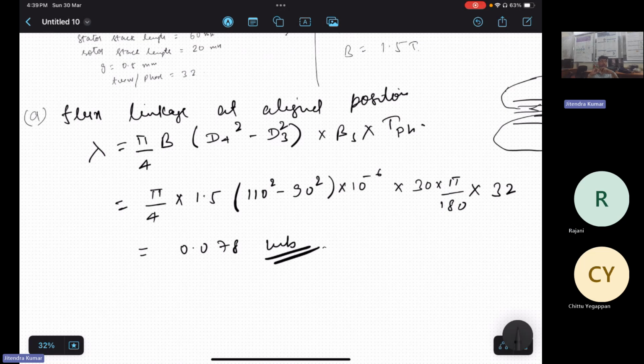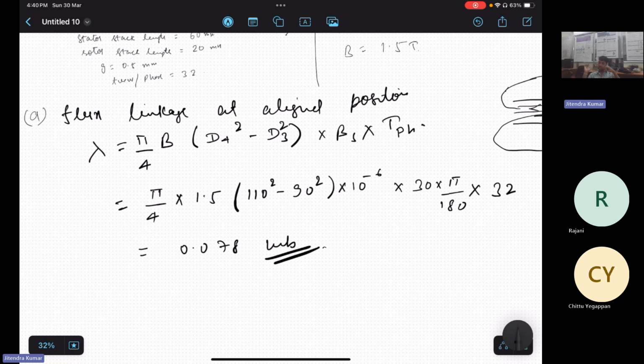The other thing is that an axial flux machine does not straight away take less volume. Whenever your L by D ratio is small, meaning you want a machine with a small axial length and you do not have a constraint on the diameter, then an axial flux machine is attractive.